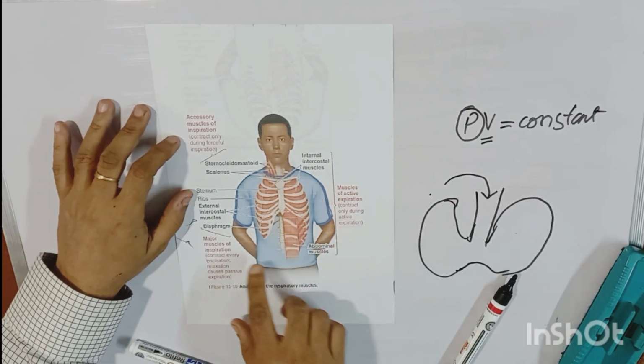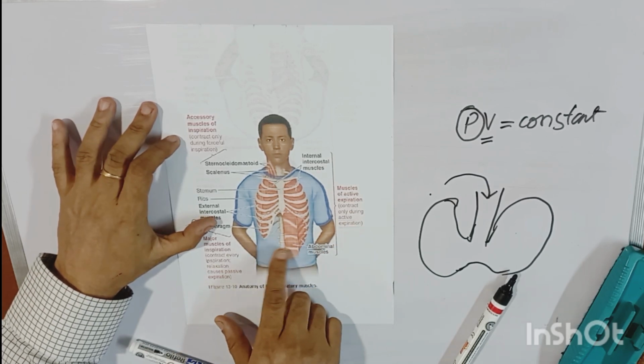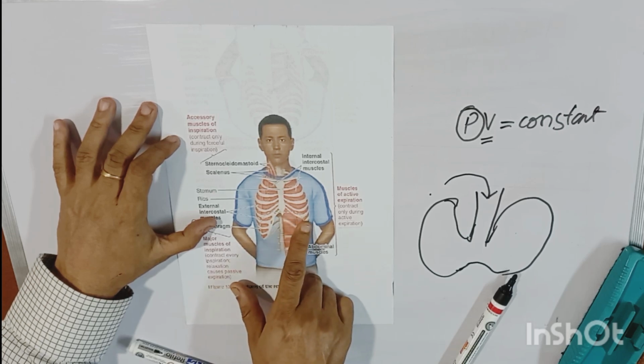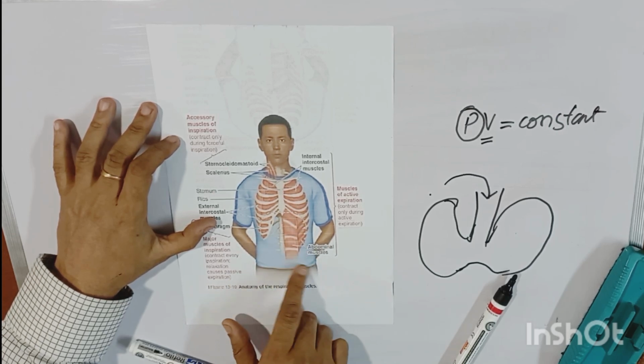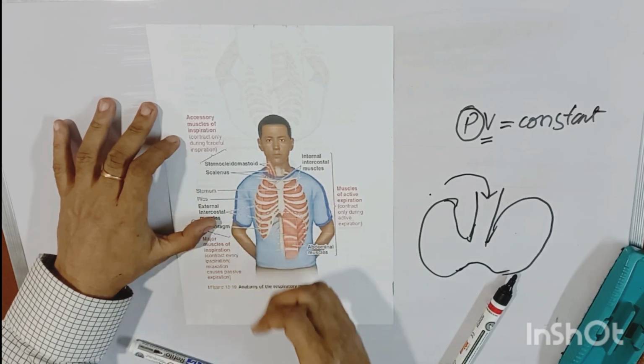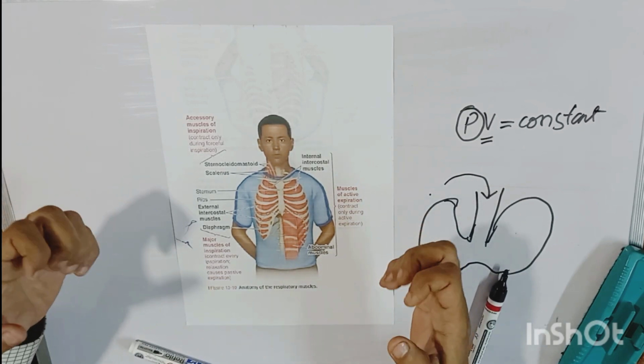And here they have shown the abdominal muscles, the abs that we talk about, the muscles that are visible on the upper part of the belly as well as the lower part of the belly. These muscles relax while we inspire and the belly goes out, and these muscles contract.